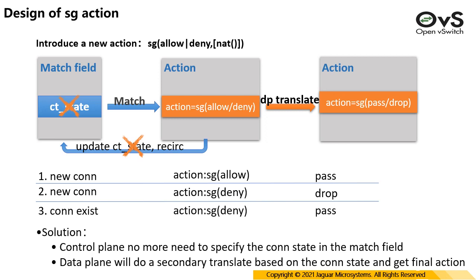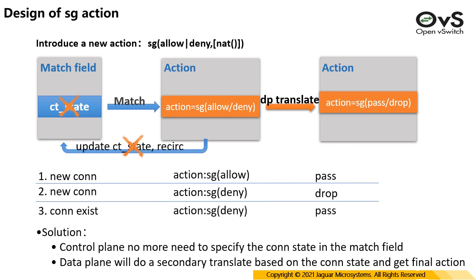For deny, it depends on the connection status. In case the connection exists, then it's a passive connection, and the deny will translate to pass also. And once the connection does not exist, it will translate into a drop action.